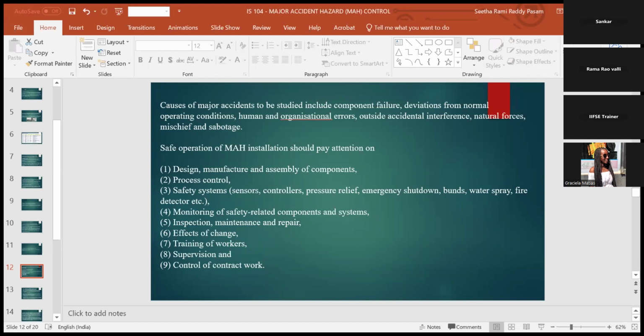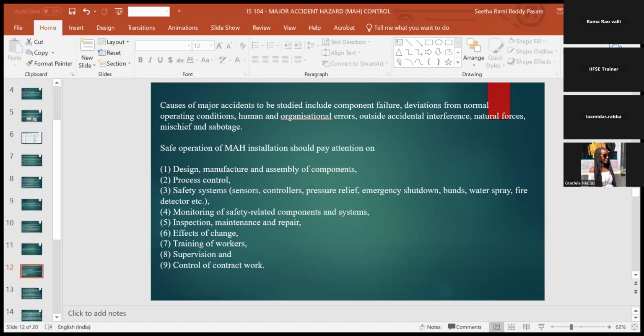When we say bund, it is nothing but a means to collect material in case of any tank collapse, any excess release, or if any furnace oil leaks from a tank. Basically, it should be installed with 110% capacity. If the tank has a 100-liter capacity, as an example, the bund should be capable of containing 110 liters of the material.